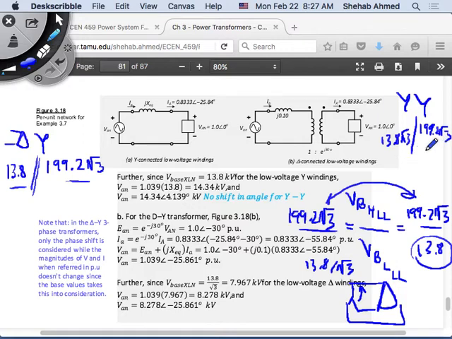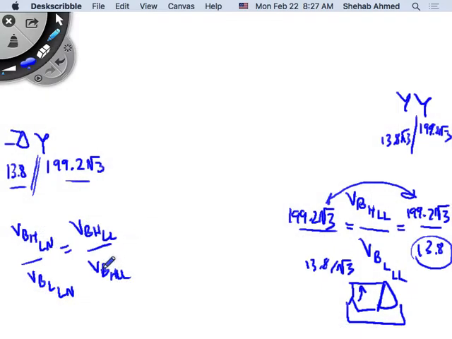The ratio of the bases, V base high line to neutral over V base low line to neutral, is equal to the ratio of V base high line to line over V base low line to line.